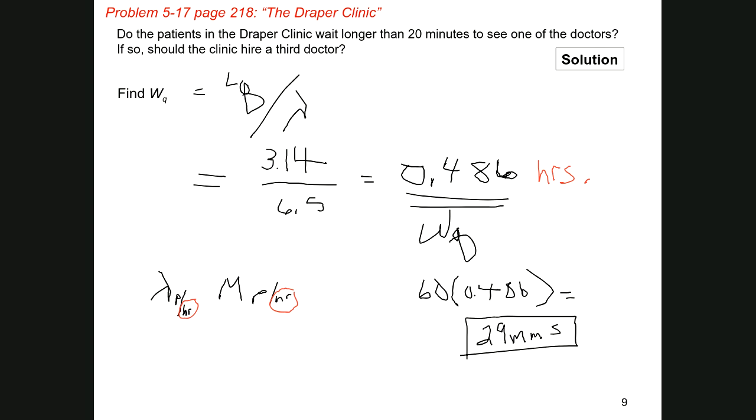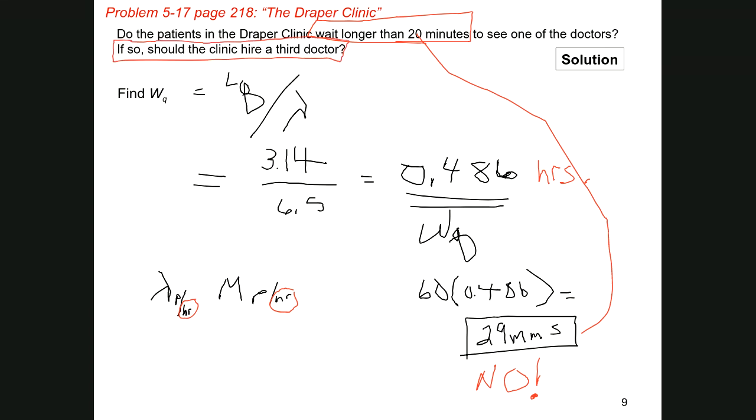And so now we can go to our first question, which is 29 minutes. How does it compare to 20 minutes? Does it meet the doctor's standard? And the answer is no, it doesn't meet the doctor's standards. So the next question is as follows. Should the clinic hire a third doctor? Well, wasn't that fun? How are we going to answer the quick question, should we hire a third doctor?